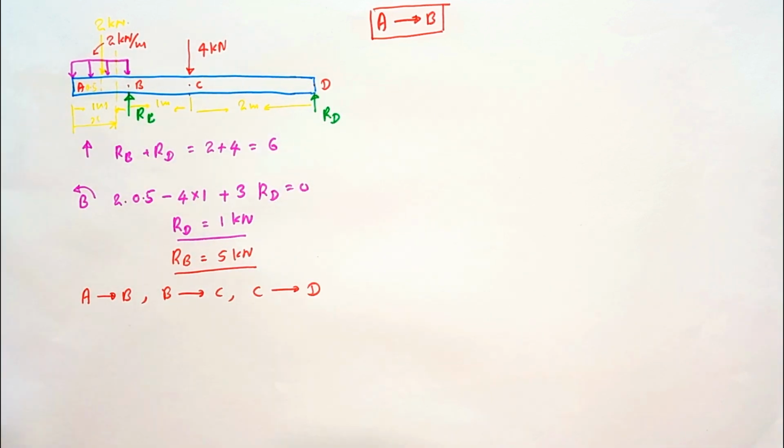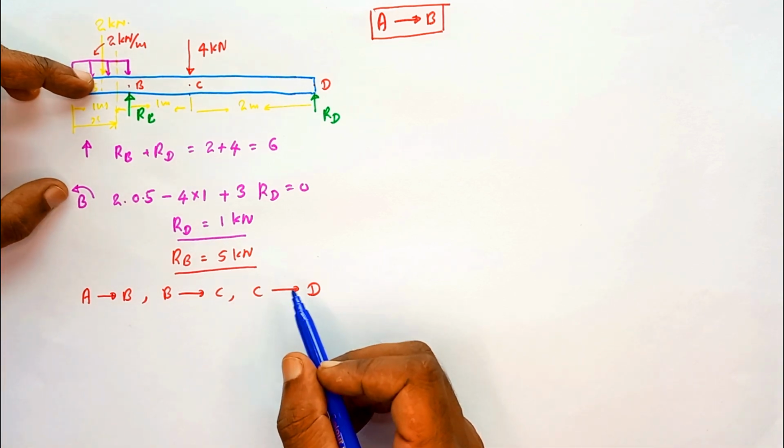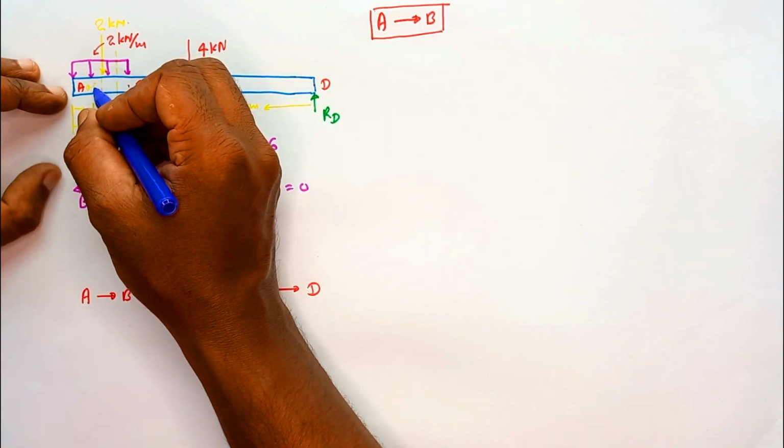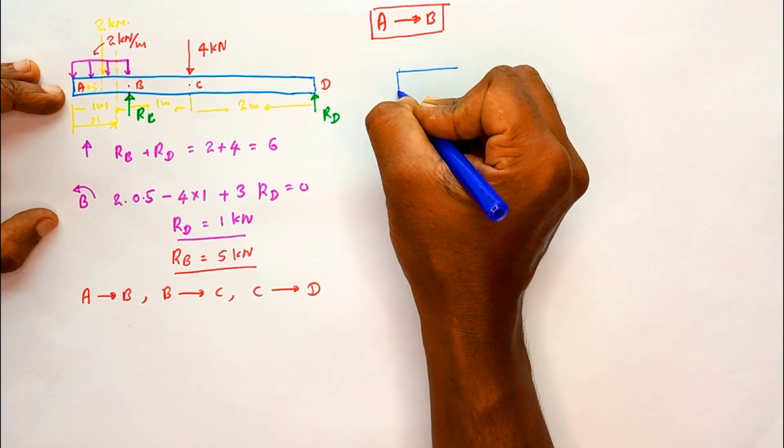Next you have to draw the free body diagram of this separated beam part. Here I'm going to consider the left hand side beam part.